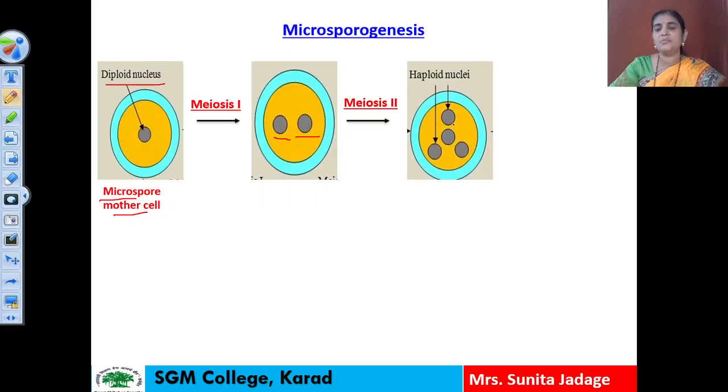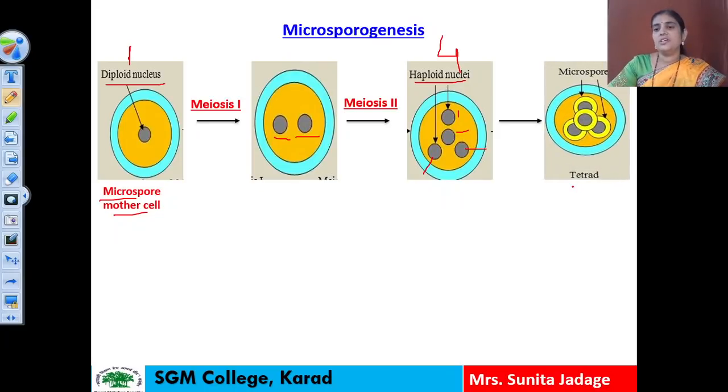You can see here, after meiosis second, this is the first nucleus, this is the second, this is the third, and this is the fourth. So four haploid nuclei will be formed from one diploid nucleus. So from meiosis here, the diploid nucleus of the microspore mother cell is dividing into four haploid nuclei, and then these four haploid nuclei are converted into microspore like structure, and all the four microspores remain together, and the structure formed is known as a tetrad, and generally the pollen grains are formed in the tetrad condition.